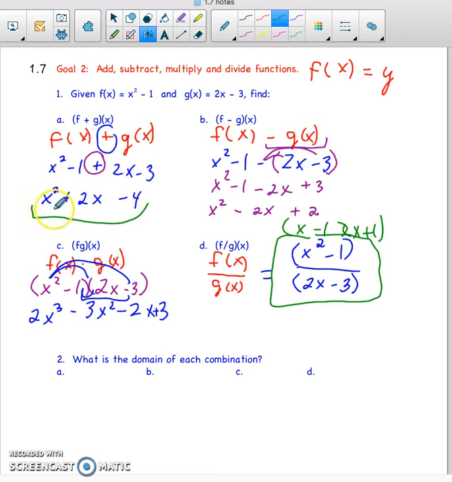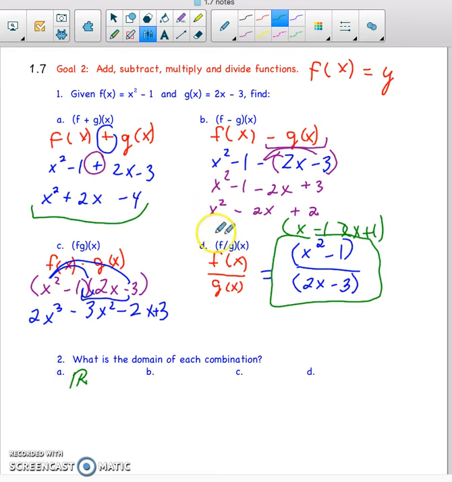Remember, the function's undefined if we divide by 0 or if we have a negative under a radical. Well, there are no radicals in this polynomial, and there is not a variable in the denominator, so it's impossible to divide by 0. So recall that our domain is all reals.